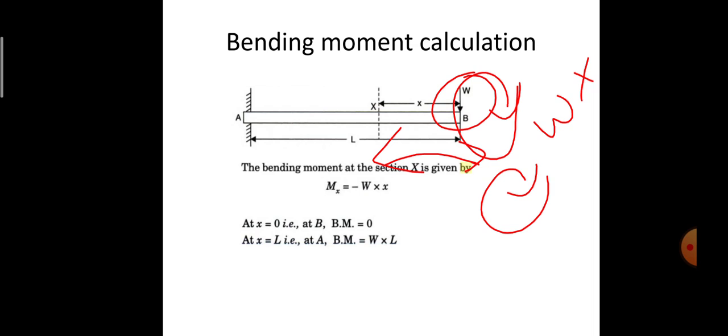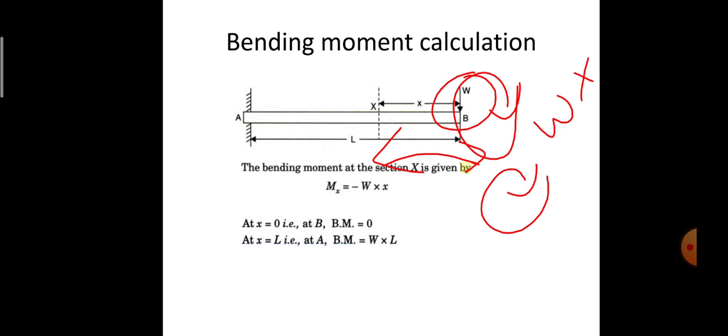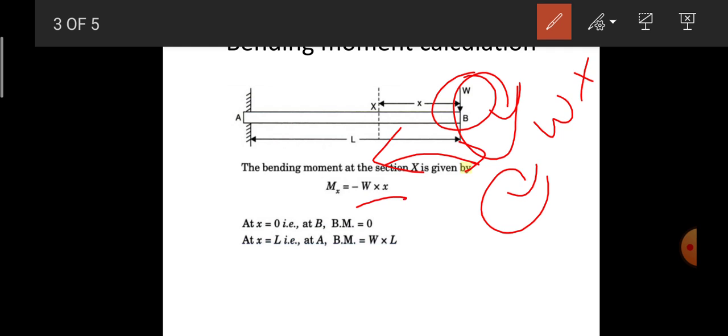So W into X is considered as minus W into X, that is, the right side portion of the section with clockwise moment is considered negative. This concept is very nicely explained in my previous lecture series. You can just refer to that.